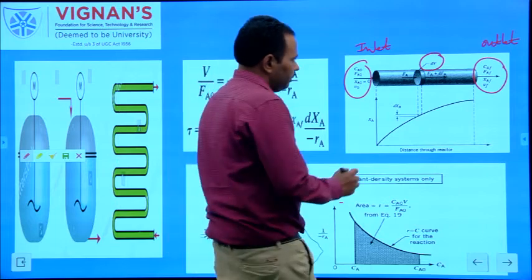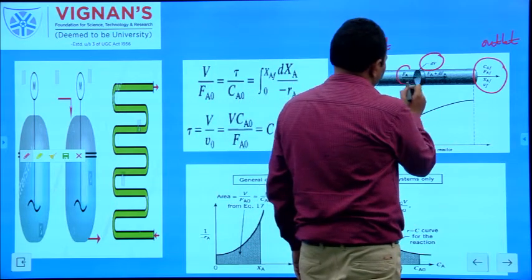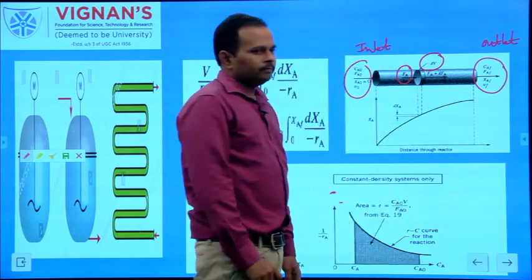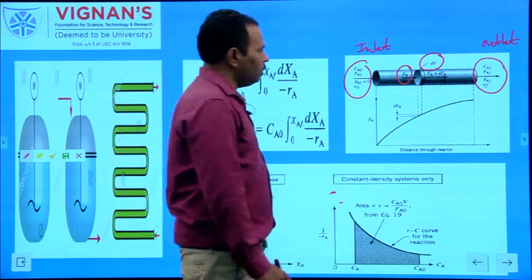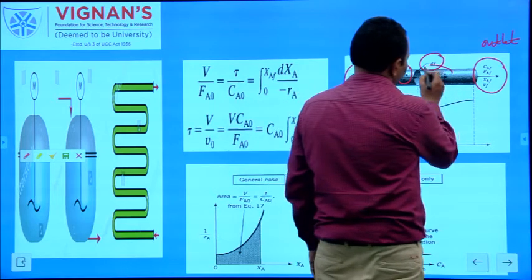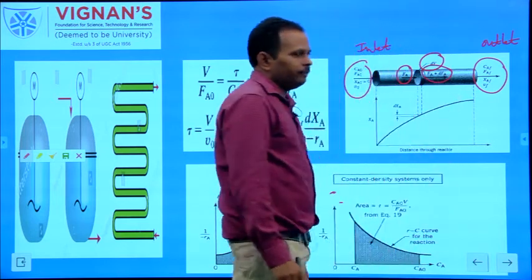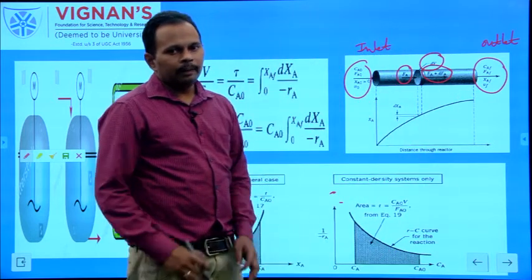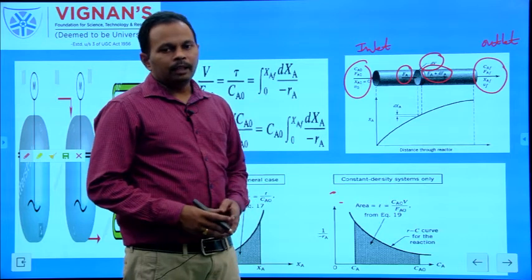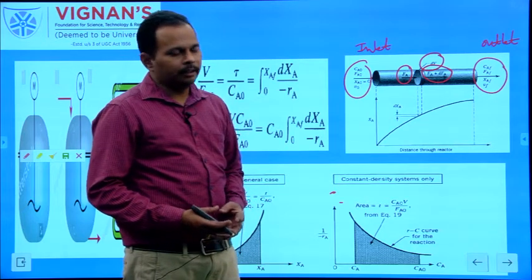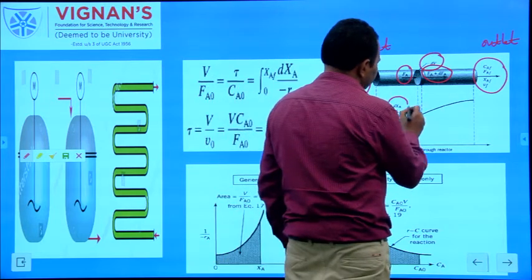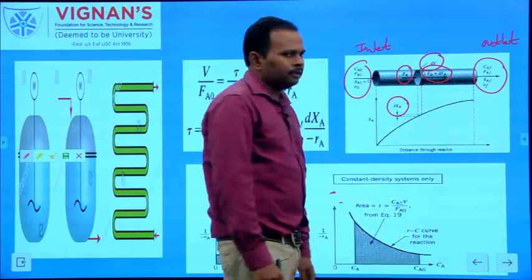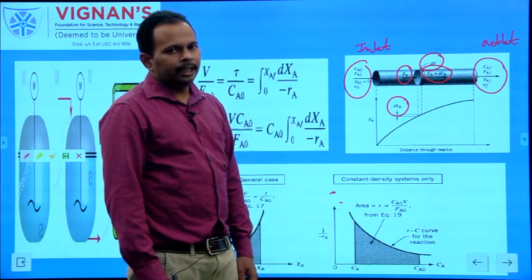That is the inlet condition FA, the molar flow rate of A. What is the outlet condition? FA plus dFA. dFA is the change in molar flow rate of A within the volume dV. And the conversion within the volume element dV is dXA.